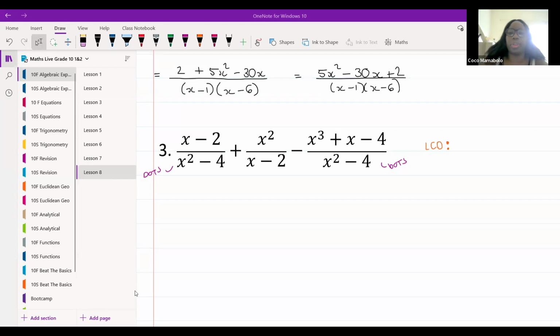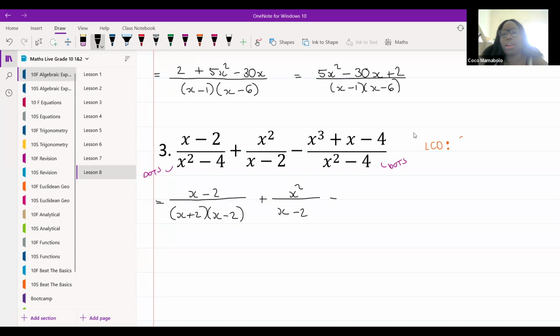All right. Okay, so if we factorize, I know that over here I'm going to get x minus 2 over x plus 2 and x minus 2, plus x squared over x minus 2, minus x cubed plus x minus 4 over x minus 2, x plus 2.